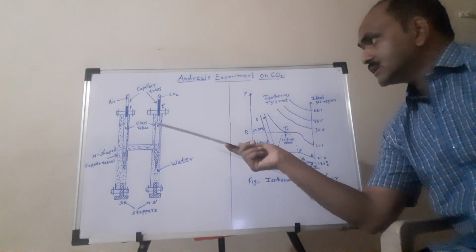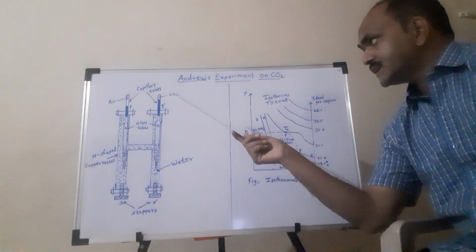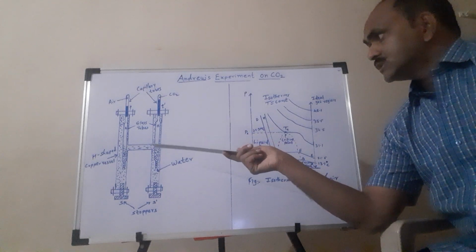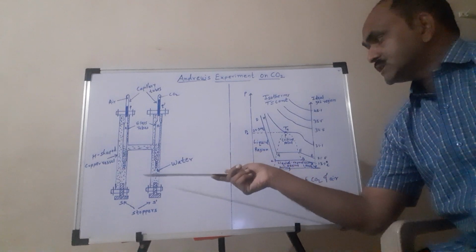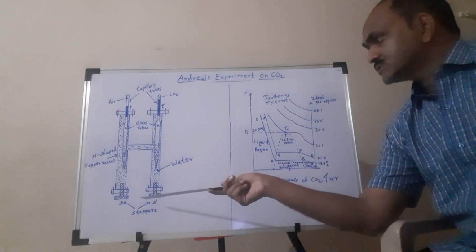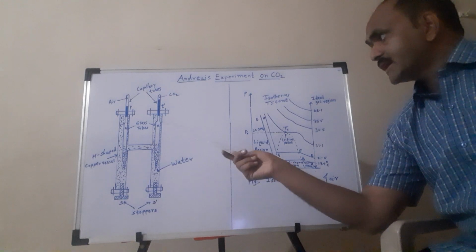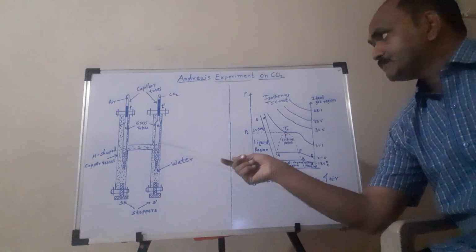In the tube A the upper portion is filled with air, and in the tube B it is CO2. At the ends of these tubes there are two stoppers S and S dash, and the vessel is an H-shaped copper vessel.